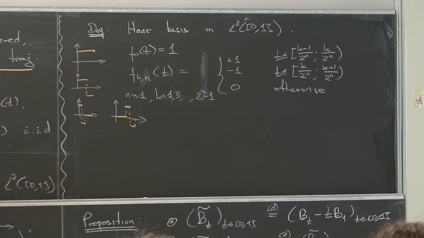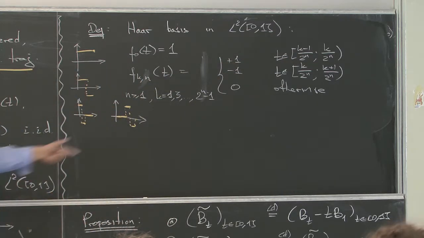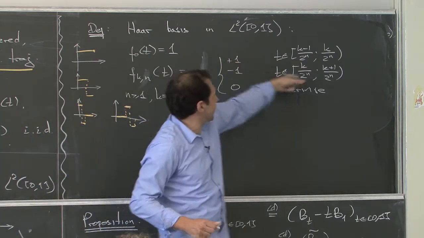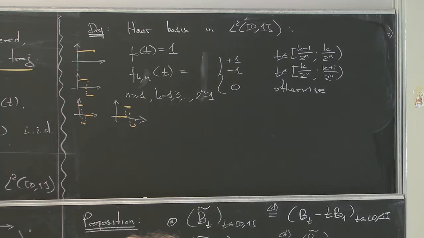There should be a normalizing factor in front, because right now, if you compute the L2 norm, it's just 1 by the length, and the length is 1 over 2 to the n minus 1.